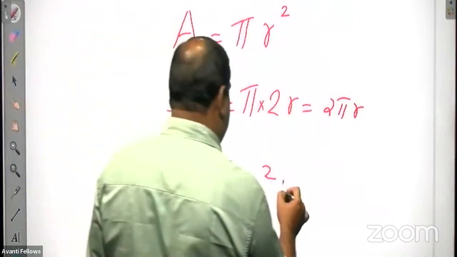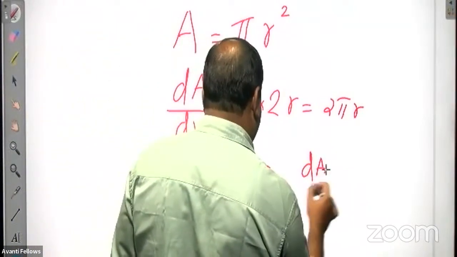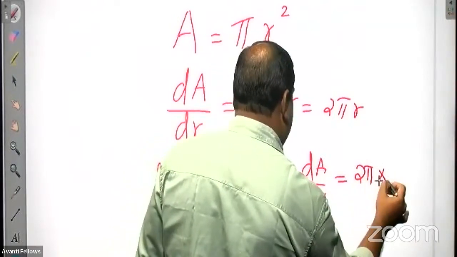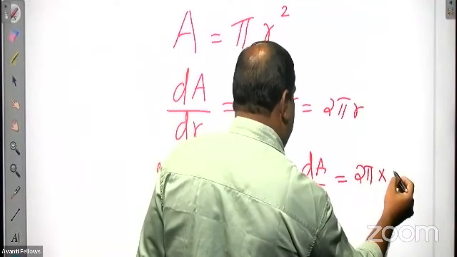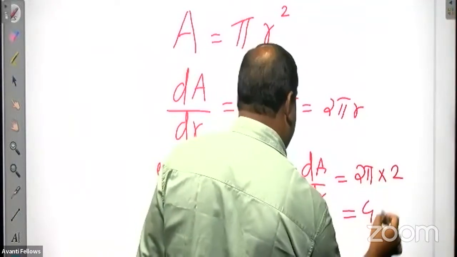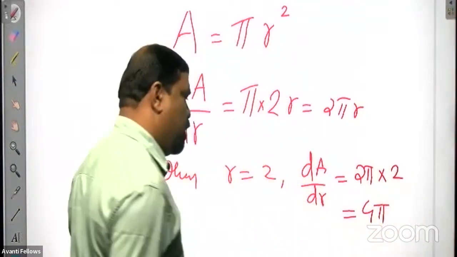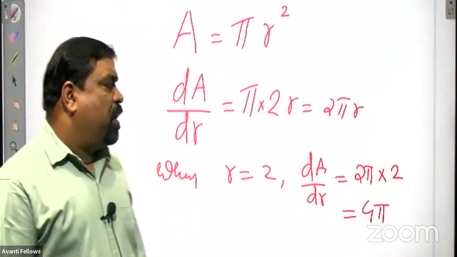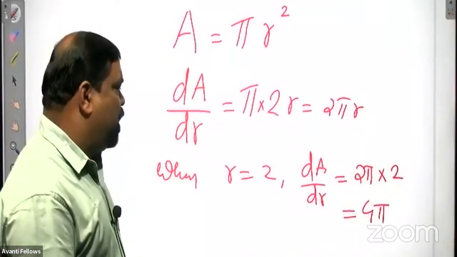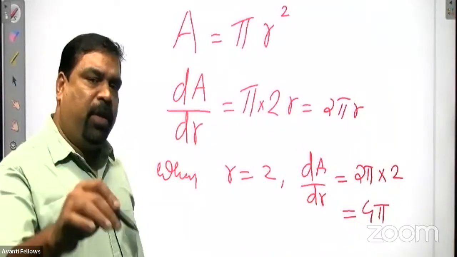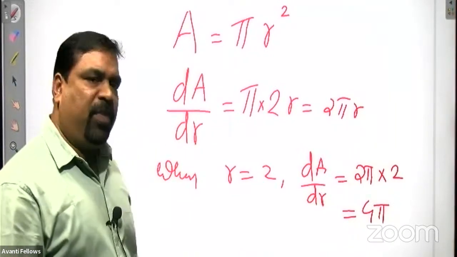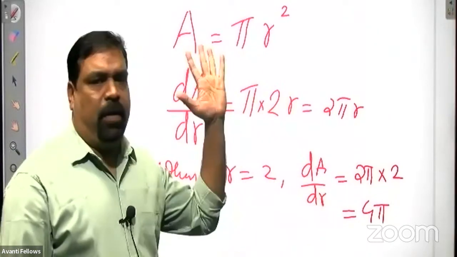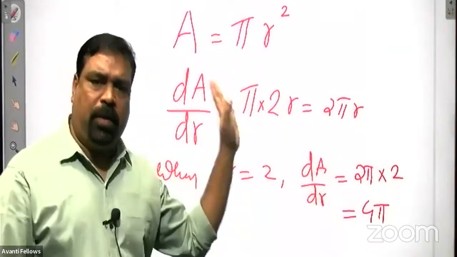So I just put r equal to 2. dA by dr is equal to 2 pi into the given value of radius, 2. That means I will get 4 pi. Some unit may be there. If the radius is in centimeter, the value will be 4 pi centimeter square per centimeter. At that particular instant, the rate of change will be 4 pi centimeter square per centimeter.